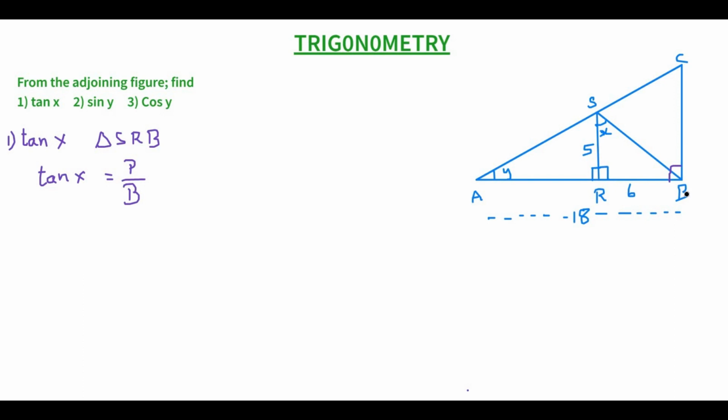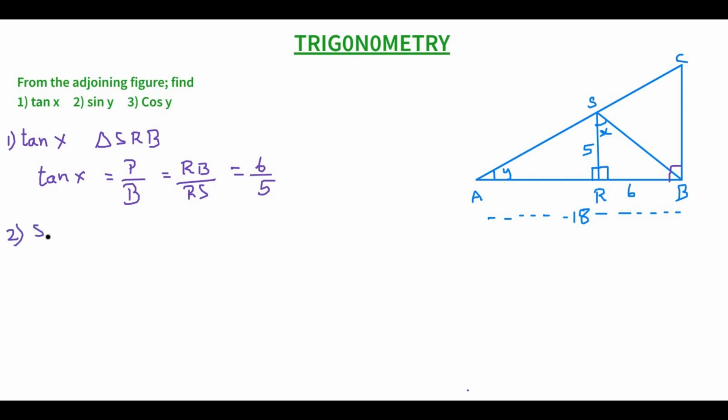So RB is the perpendicular side, and the base is the side next to the angle, which is RS. So here perpendicular is RB and base is RS. So the value of tan x equals 6 by 5. Isn't it easy?